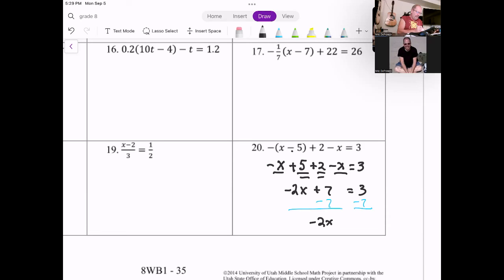Negative 2x equals negative 4. And finally, we undo times by negative 2. That's what that negative 2 is doing. We undo it with divide by negative 2. And we get x alone, x equals 2.